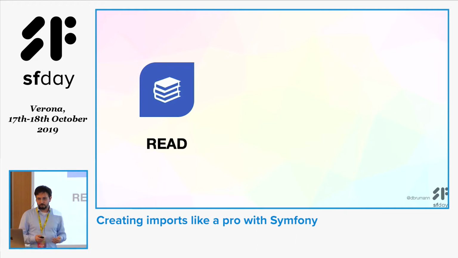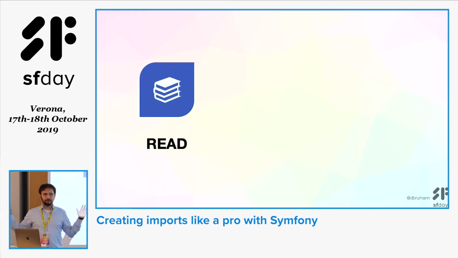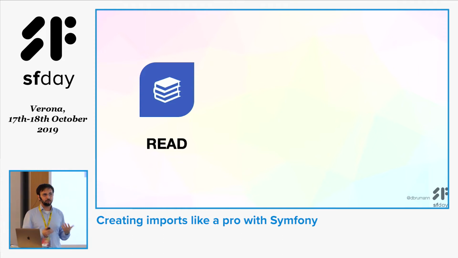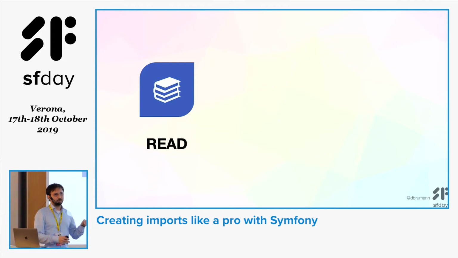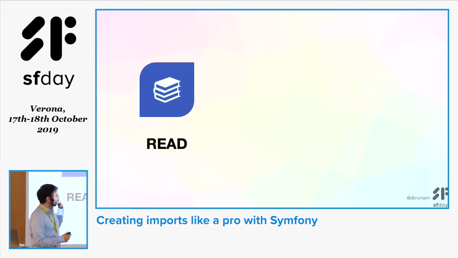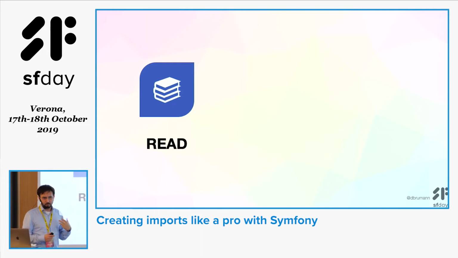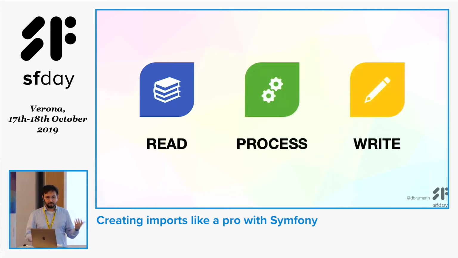We will start with looking at a very, very broad picture of what we can do to have a kind of architecture that will help us create really good jobs that we can use. And then I want to dive into some of the details of reading, which is one core part of most batch processes, then the actual processing itself, and at the very end, writing.